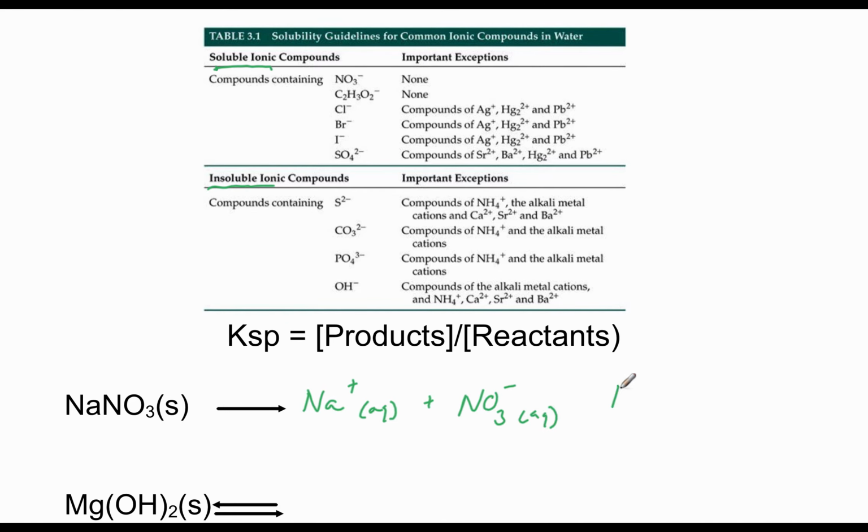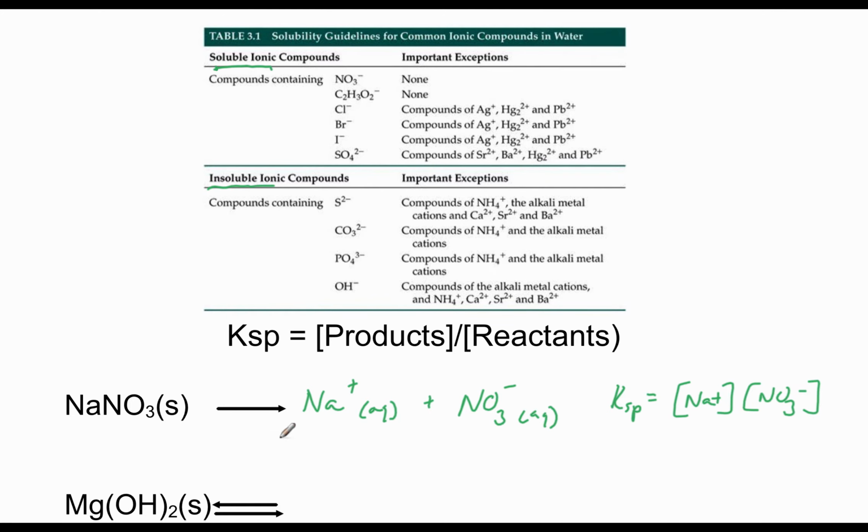So the KSP for this is going to equal just the products over nothing, because the reactant is a solid, and we never include solids or liquids in KSP equations. So this is going to be the concentration of Na+ times the concentration of NO3-.